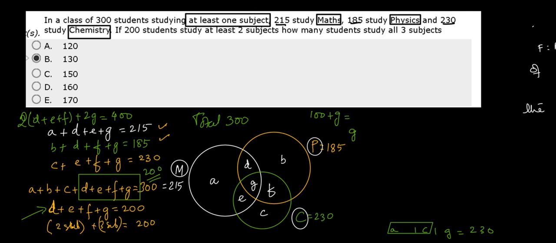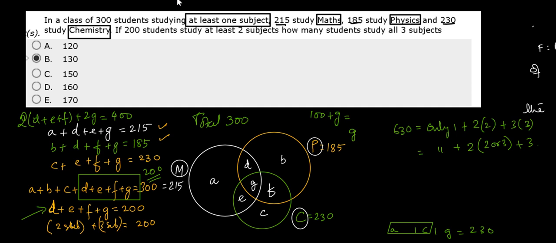What is the sum? 630. 630 is the sum of only 1 plus twice only 2 plus thrice all 3, right? Correct?